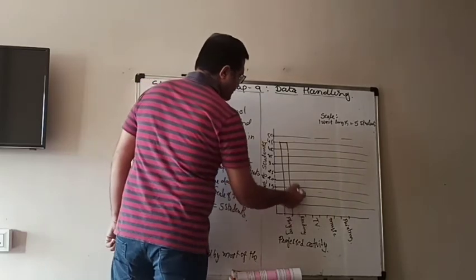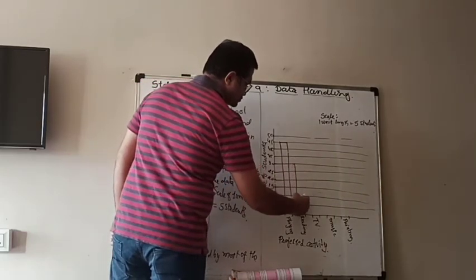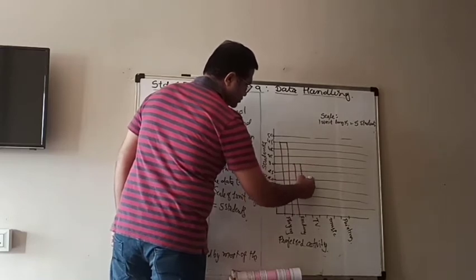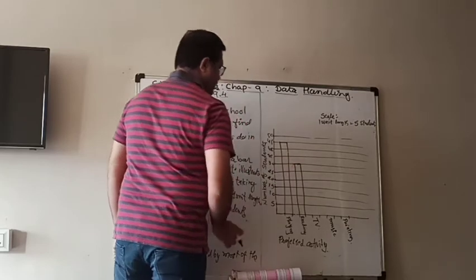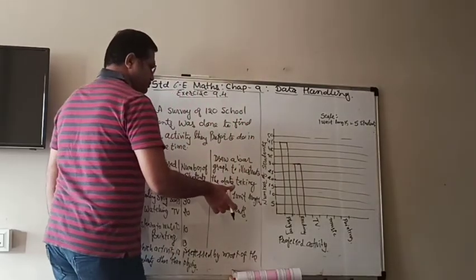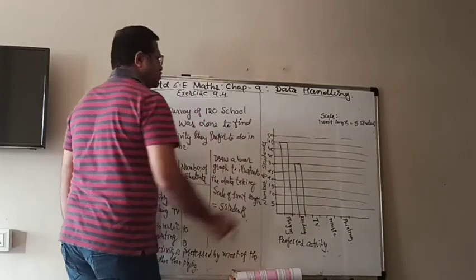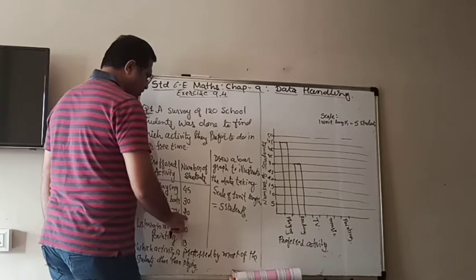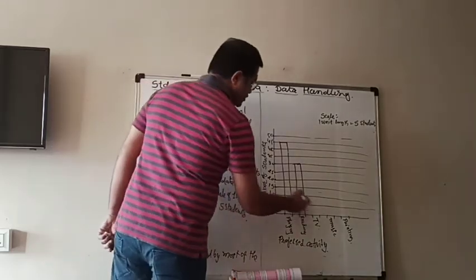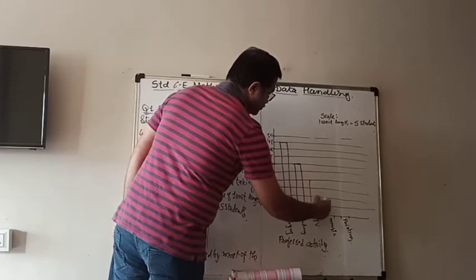So here from that we have to take up to 30. In your book there will be green lines, but you will use the dark pencils, so it will be visible. Now watching TV preferred by only 20 students. So 20 is here. So from here 20 students.